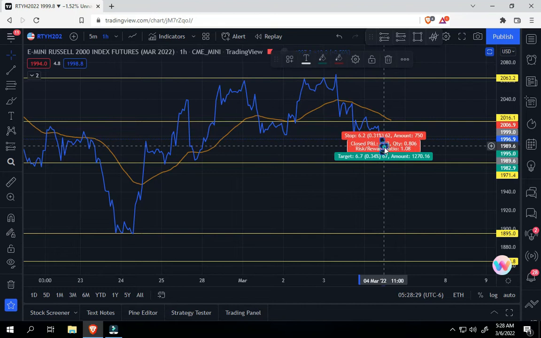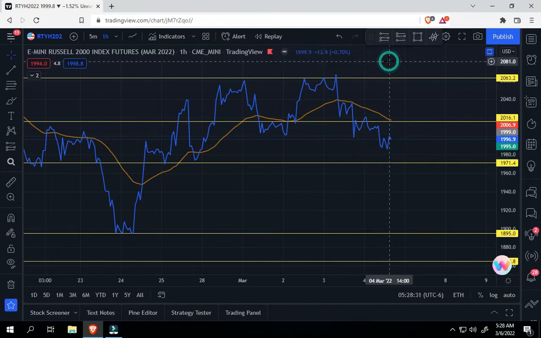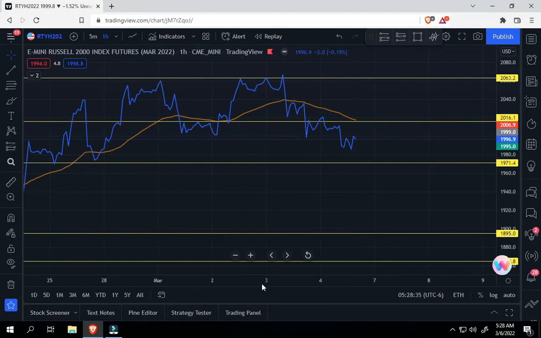For the real meaning of day trader, you want to be in and out of positions within an hour or two. You don't want to hold positions overnight. So that's why I use the 50 EMA as my trend.